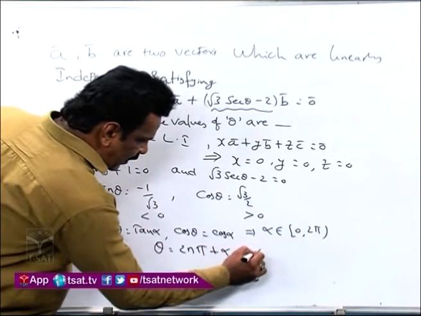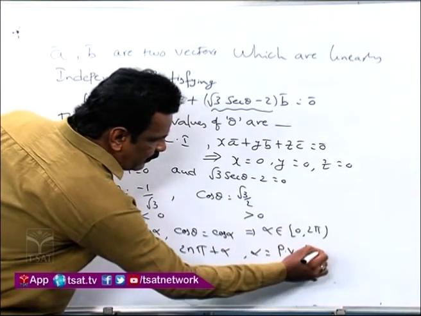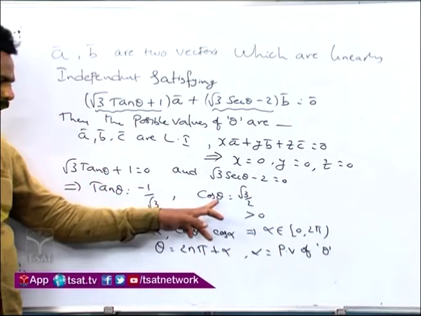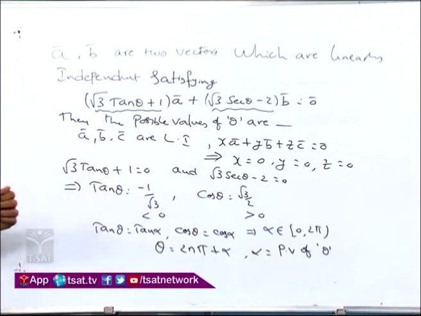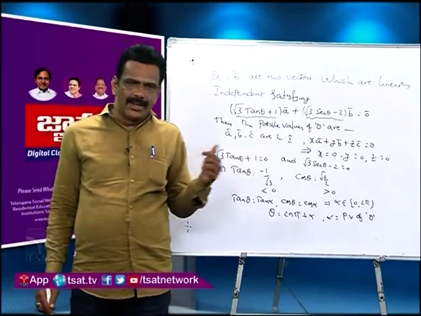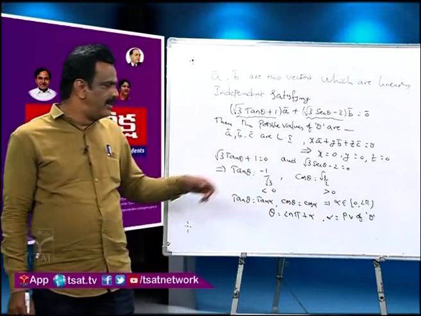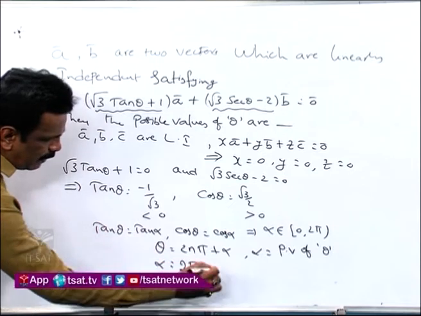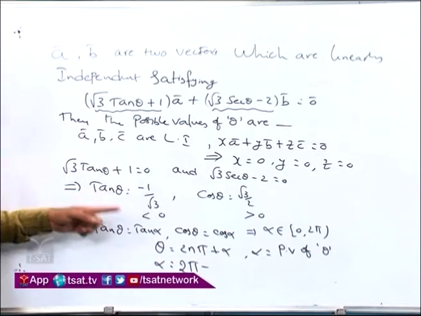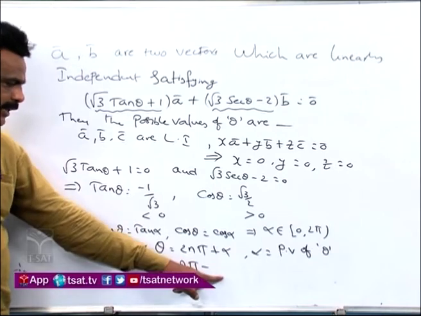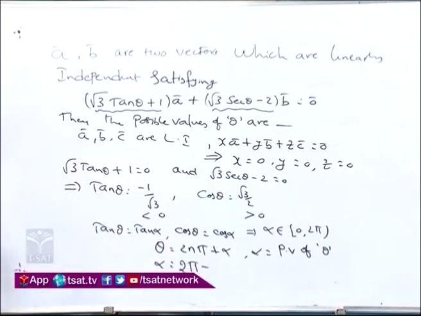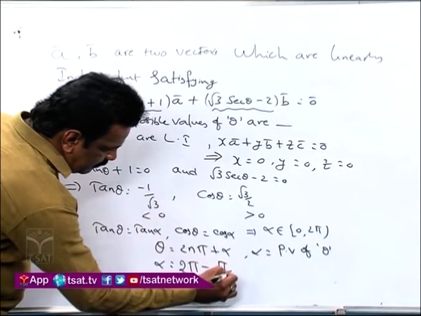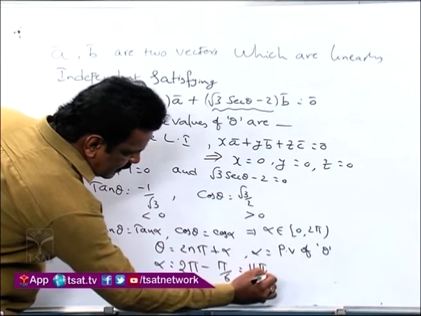And what about this alpha? Alpha is the principal value of theta. So here tan theta equal to minus 1 by root 3, cos theta equal to root 3 by 2, and hence the principal value of theta, that is alpha, is available in the fourth quadrant, and hence we can write alpha equal to 2 pi minus something, and that something must be taken by taking both values positive. As cos theta is root 3 by 2, it means pi by 6, so alpha is 11 pi by 6.